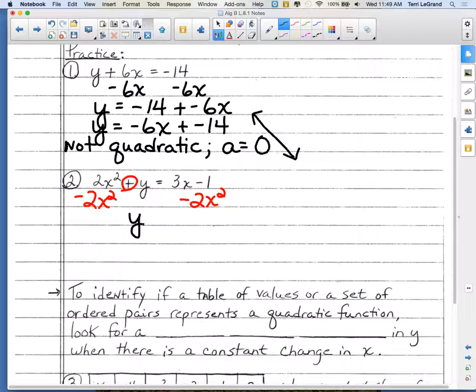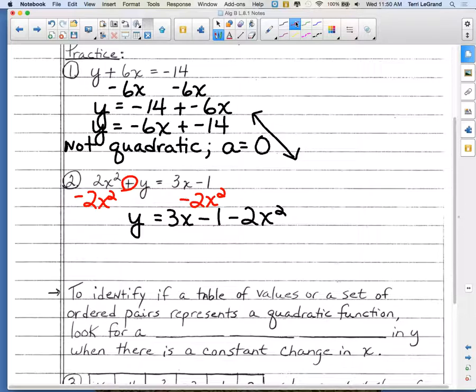Y is now by itself, and it's a positive 1y. We don't have to worry about that. And then we got 3x, take away 1, take away 2x squared. Are any of those like terms? Can any of those be put together? But if we change it to add the opposite, why would I want to change it to add the opposite?